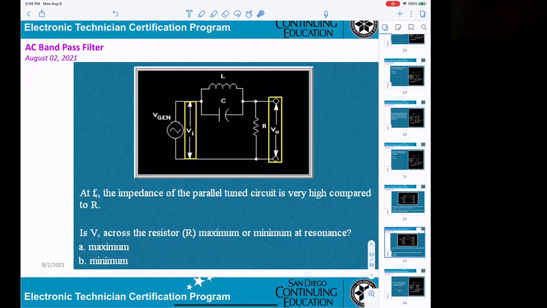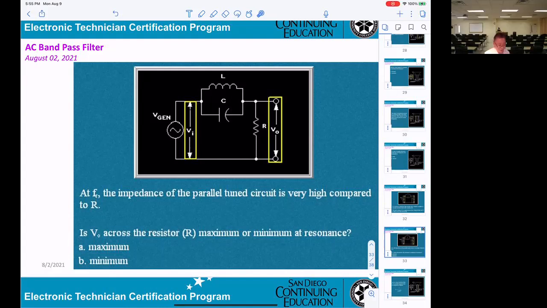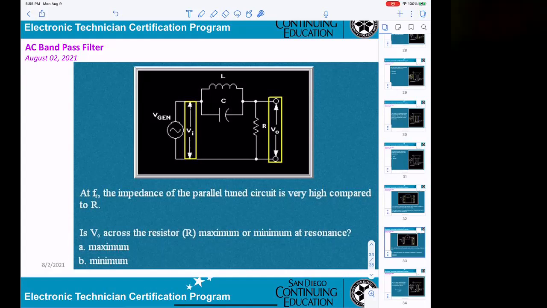Is that correct? You say VL across resistor minimum. Right, because XL and XC cancel each other out at resonance. I don't want to stay on this, but you can move on to the next one. But that tank circuit is canceled out.